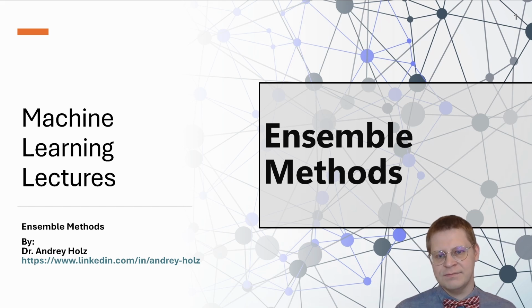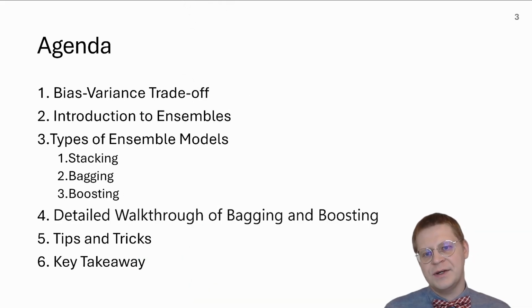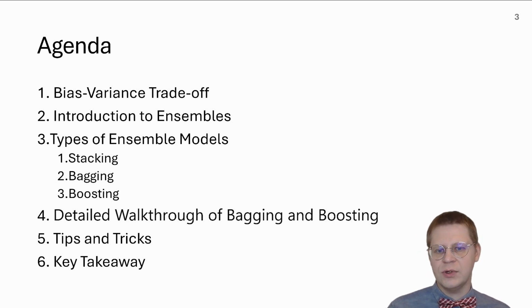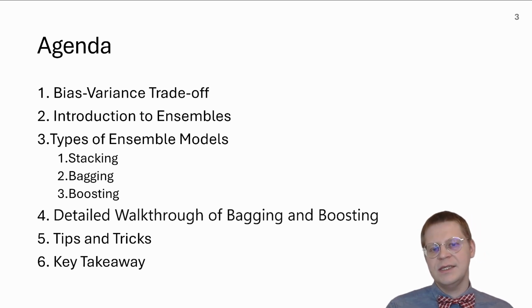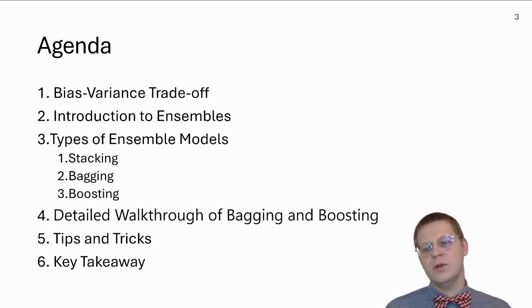Let us get started. Today we will cover the bias-variance trade-off and why this is important for choosing and tuning models. We will have an introduction to ensemble models, the basics of how ensemble methods operate. Then we'll have an in-depth exploration of stacking, bagging, and boosting. Then we'll go to practical insights, parameter tuning, and how these methods impact variance and bias.